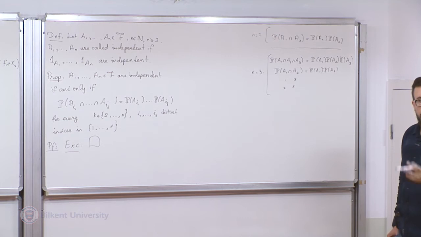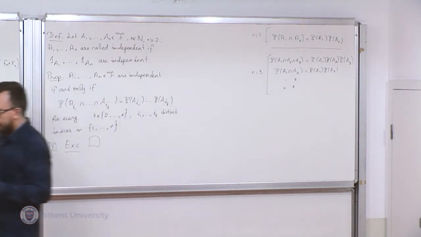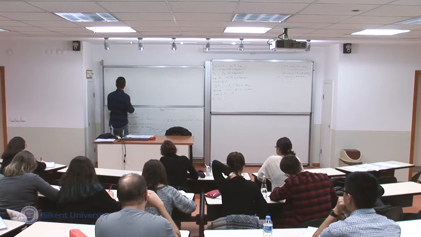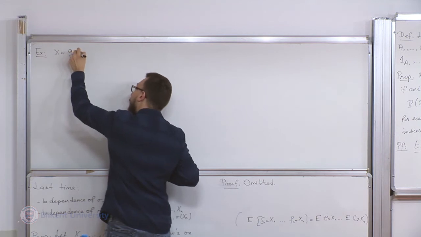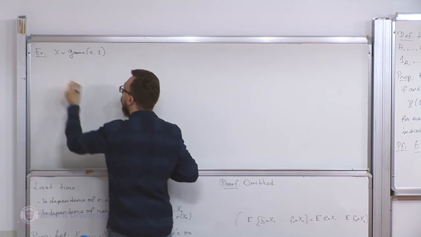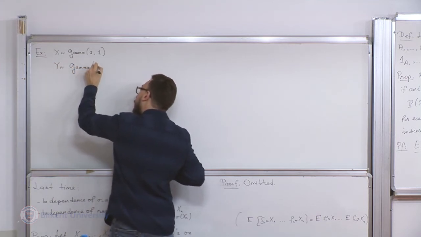But now I'd like to discuss with you how to use it in actual computations. So we're going to look at one example. Let's say we have X, which is gamma with parameters a and 1, and Y, which is gamma with b and 1.